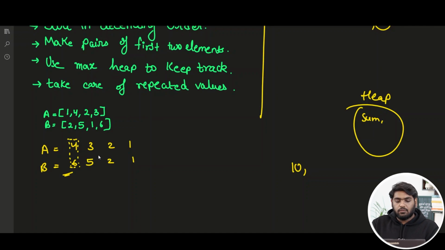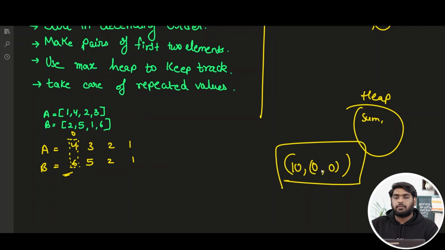So just for that, initially I'd also send its indexes. That means what pair I've made: I've made the pair of 0, 0. All right. I'll push this value inside my heap, and obviously the heap is being formed according to my sum.